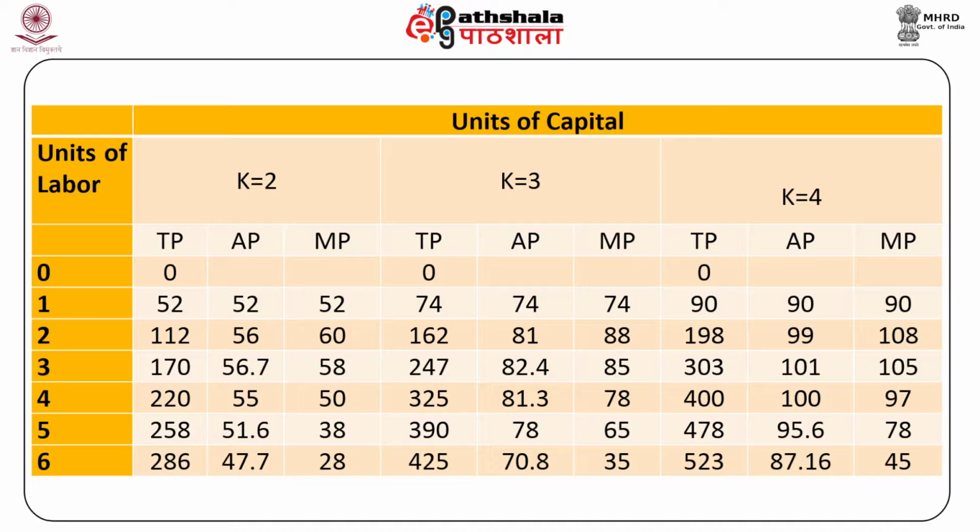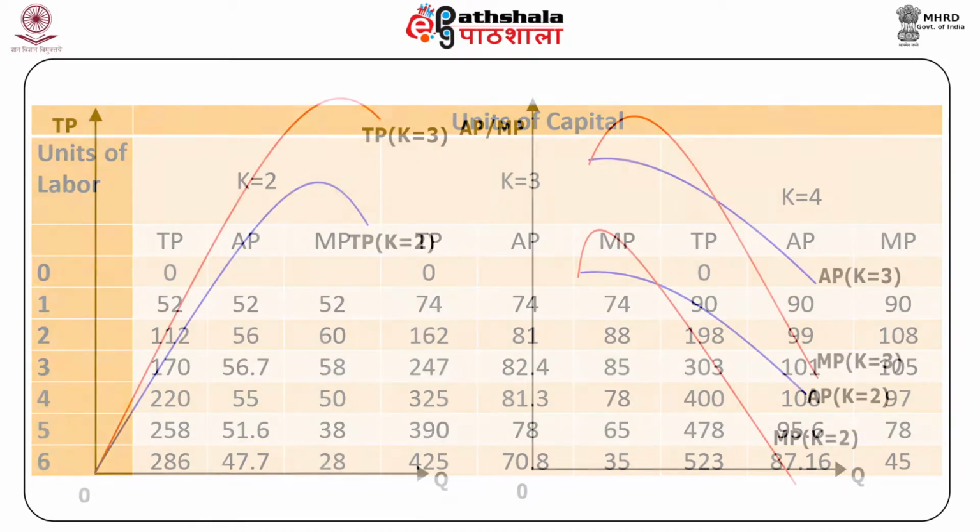Table 1. Changes in the total product, average product and marginal product when the units of capital changes. Notice in Table 1, when capital increases from 2 to 3 units, the total product of 2 workers increases from 112 to 162, and if capital is further increased to 4, the total product increases to 198.